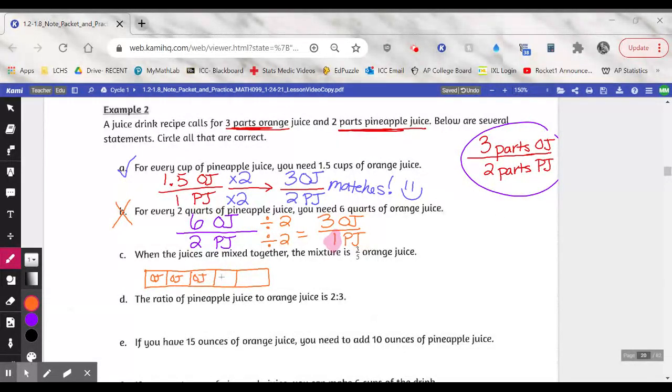So if 3 parts are orange juice, we want to figure out how many parts are pineapple juice. And that would be the 2 that are left. So when we look at it like that, we've got 3 of orange juice for 2 pineapple juice. So this one is a match.